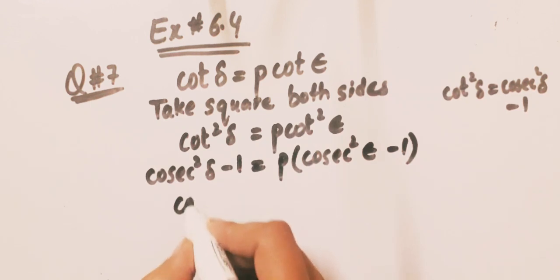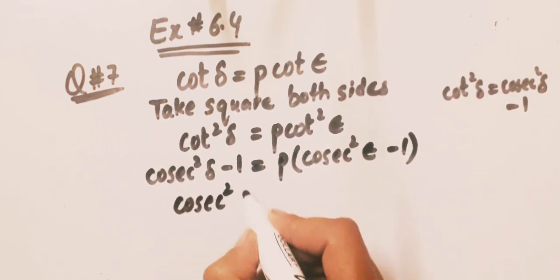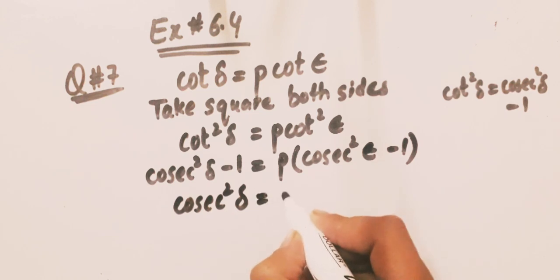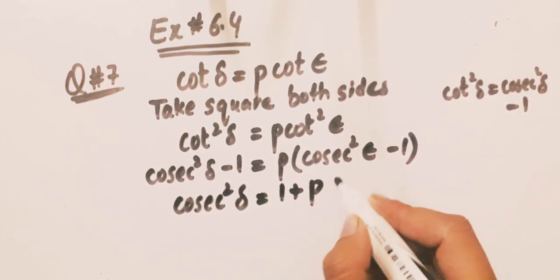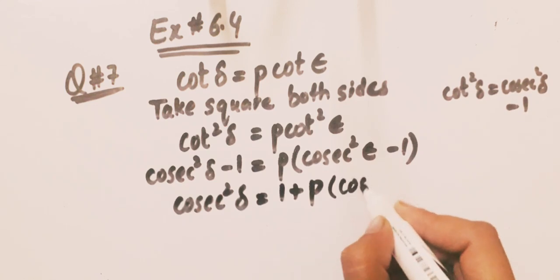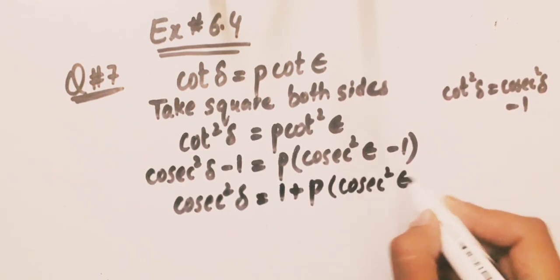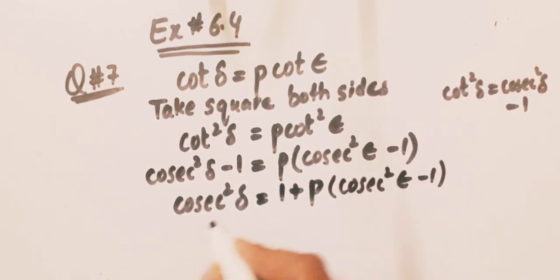For this purpose, cosecant square delta is equal to 1 plus p into cosecant square epsilon minus 1. Now you will take square root on both sides.